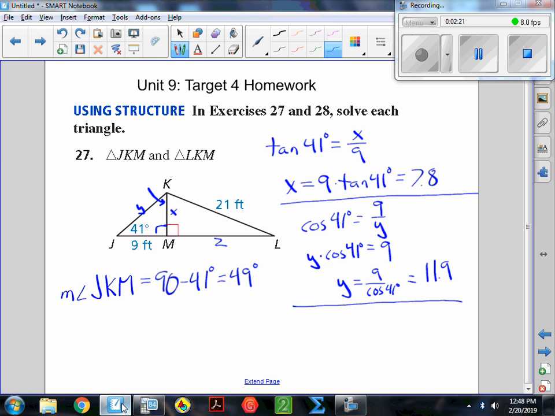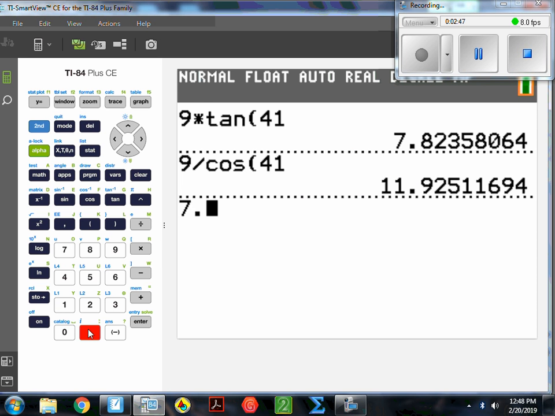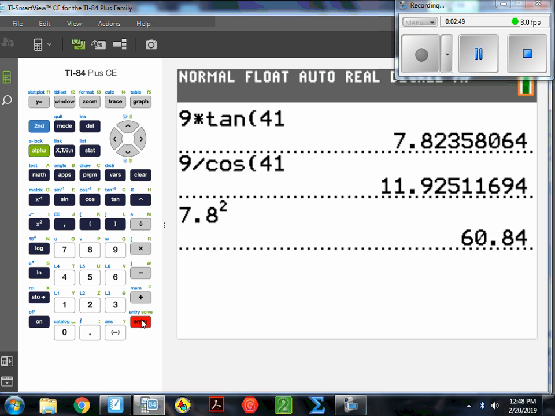Then I want to find, let's see, I could find side z. To find z, I'd have to use the Pythagorean theorem with x. So x squared is 7.8 squared plus z squared is equal to 21 squared. 7.8 squared is 60.84.